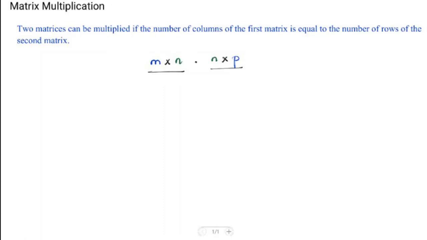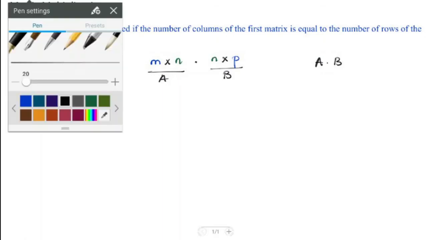And how do we know whether these two matrices can be multiplied? So this is the size of matrix A, let's say, and this is the size of matrix B. And can we multiply A times B or not? So how do we know that is we check here.